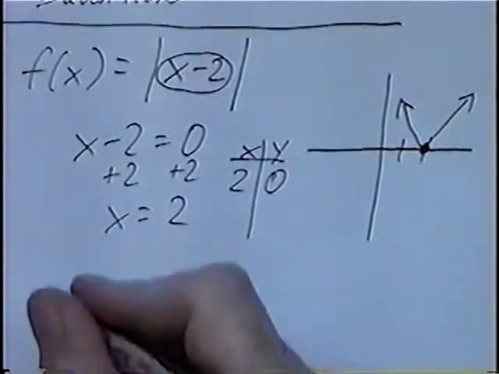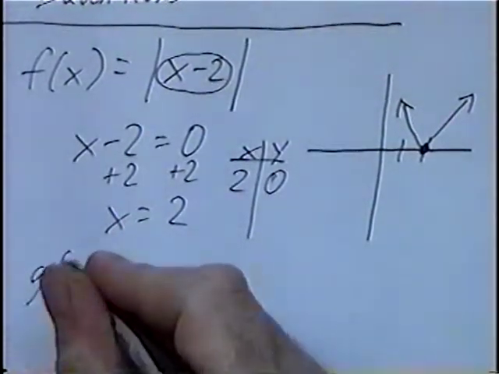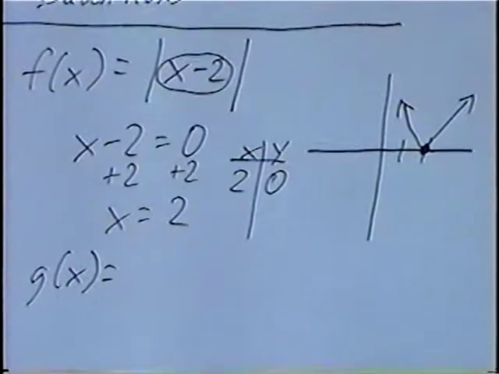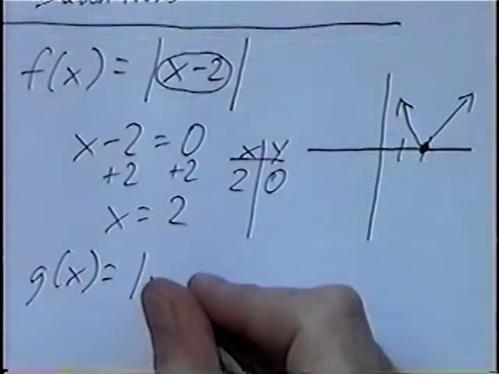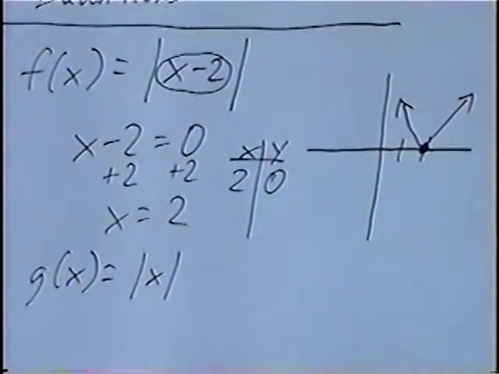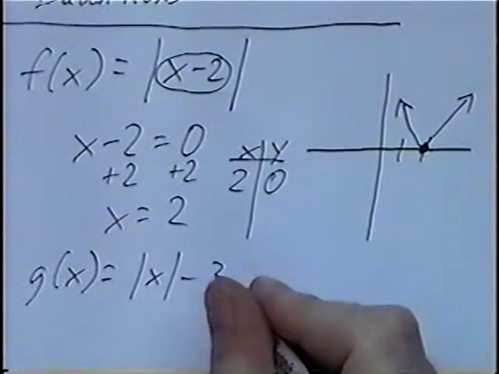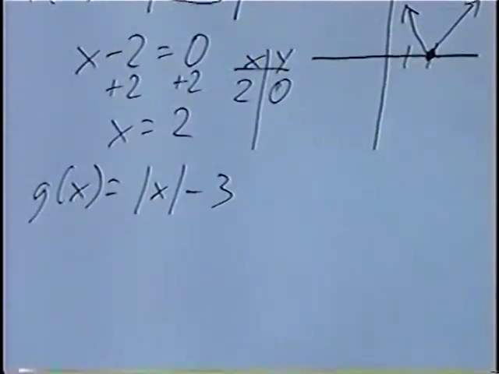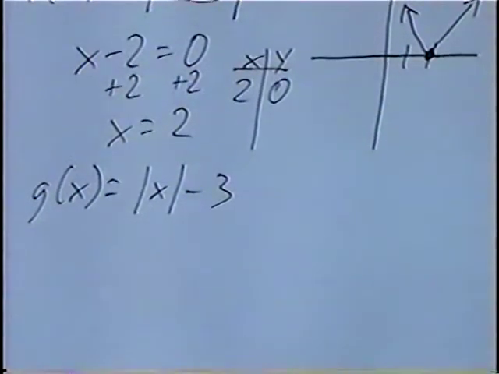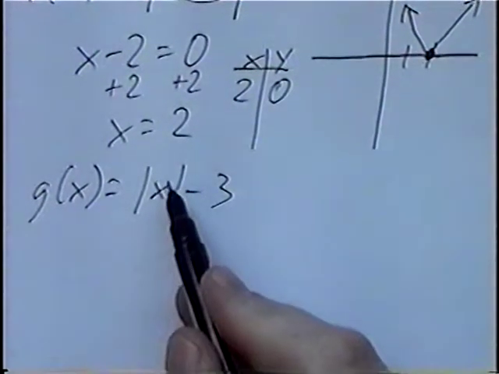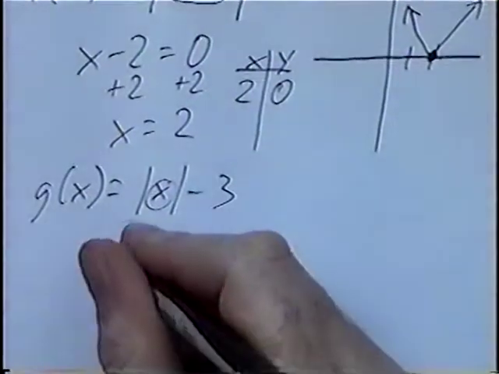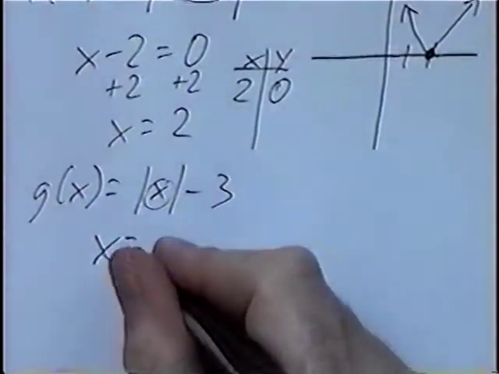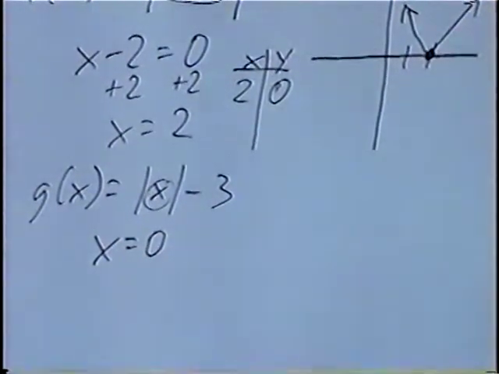Second equation we'll graph. G of x equals the absolute value of x, minus 3. Again, to graph these using just a single point, we'll take what's inside the absolute value, in this case just x, and set that equal to 0.